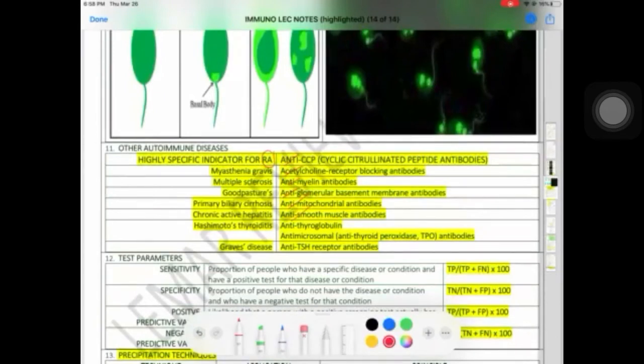Hashimoto's, huwag kakalimutan, siya po yung hypothyroid. Graves' disease naman, siya naman po yung hyperthyroid. Autoantibodies found in patient with Hashimoto's thyroiditis are anti-thyroglobulin and anti-microsomal antibodies. In Graves' disease, anti-TSH receptor antibodies. So, huwag kakalimutan.